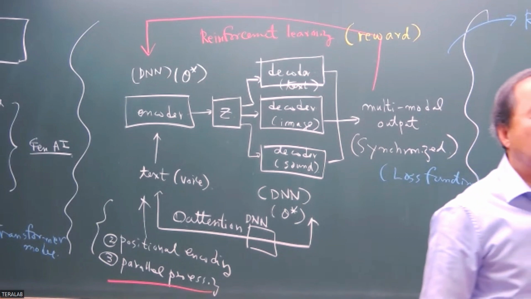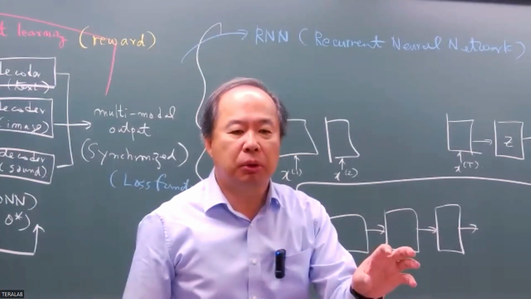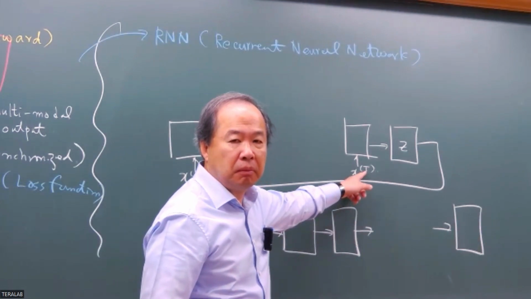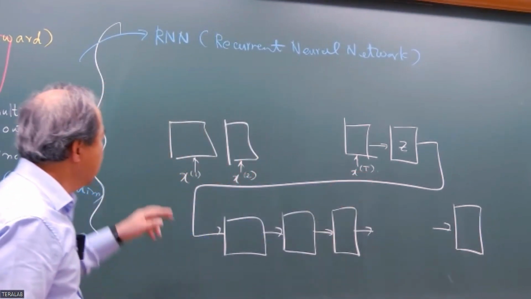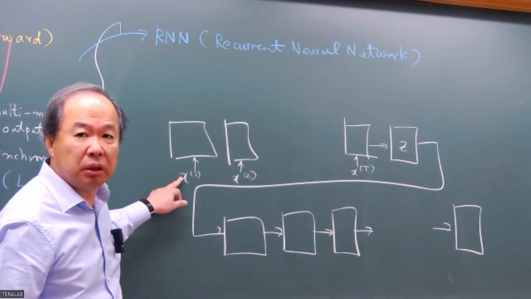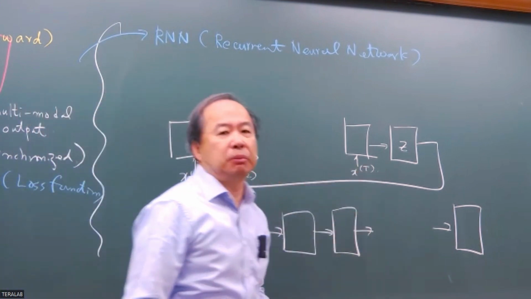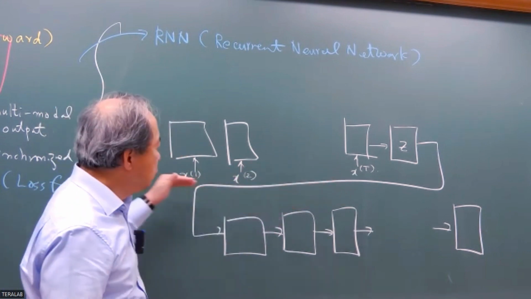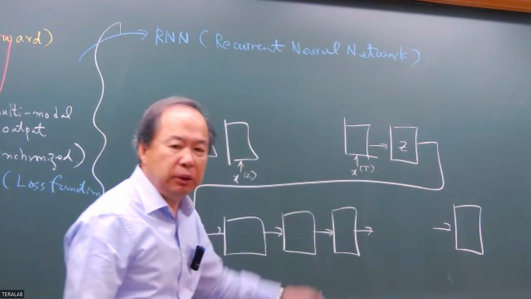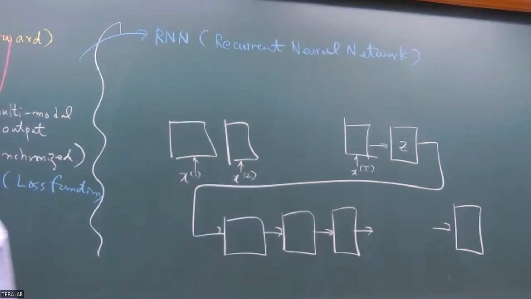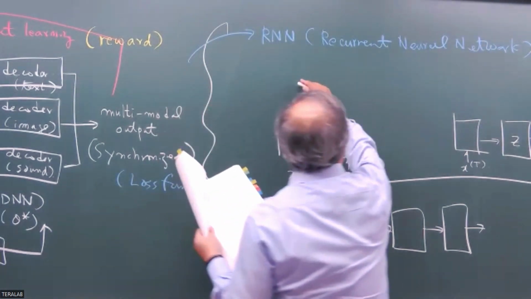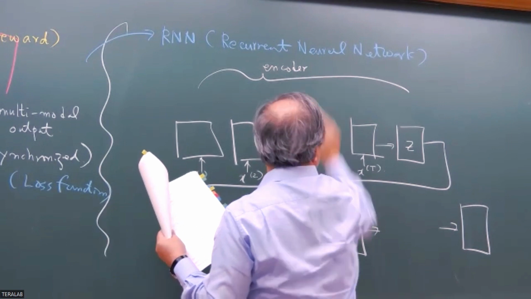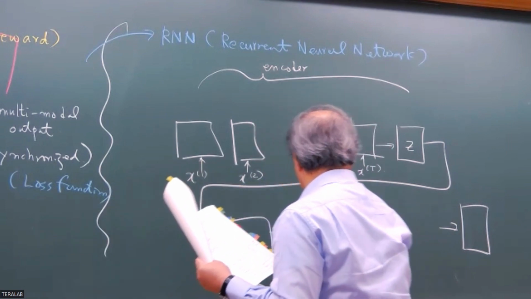If you put in a whole textbook, this T may be a million. Each X could represent a word. I am a boy, something like that. I'm studying at KAIST. So each input will go into your neural network. Actually, this part is the encoder. This part is the decoder.